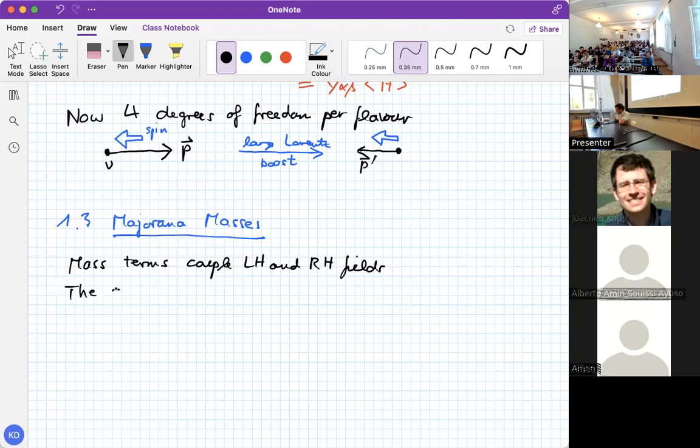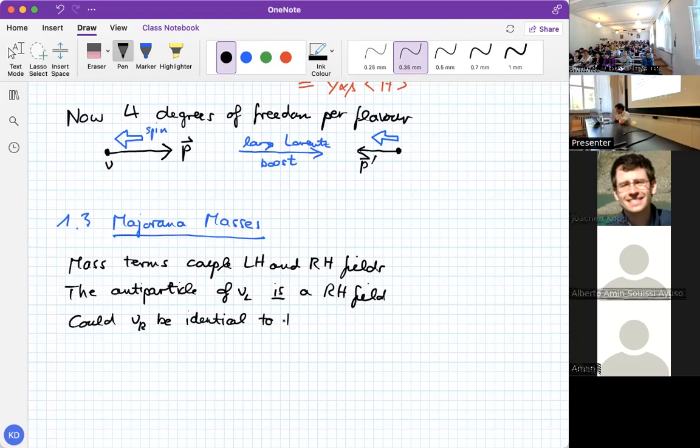But the antiparticle of mu L is a right-handed field. So could mu R be identical to the anti-mu L?